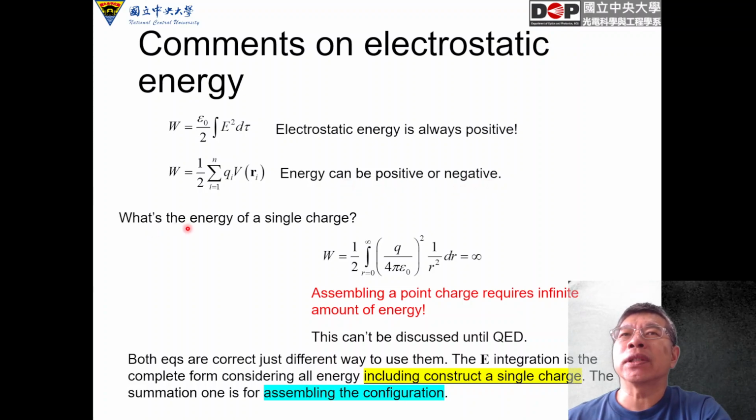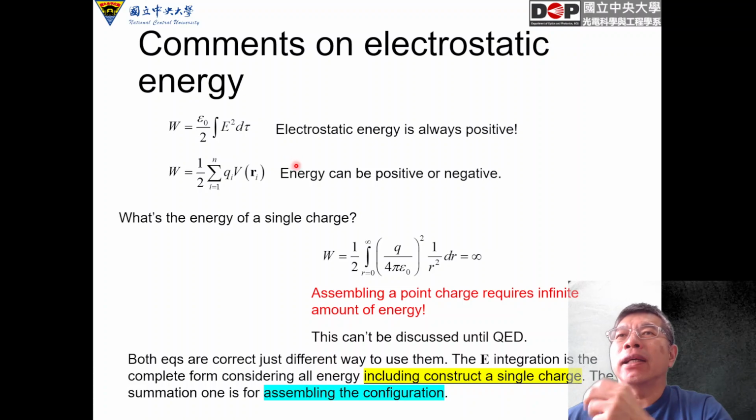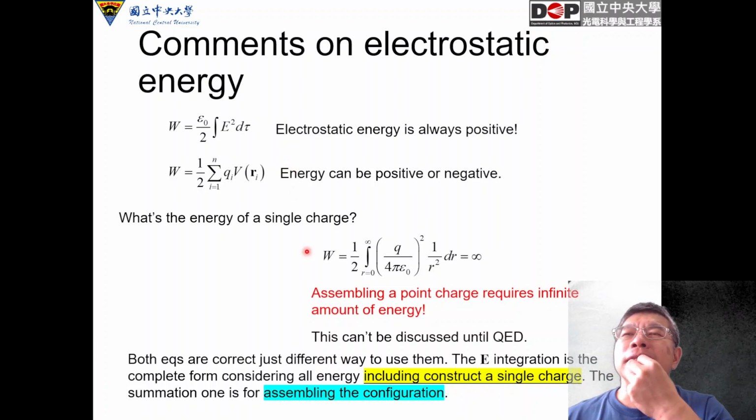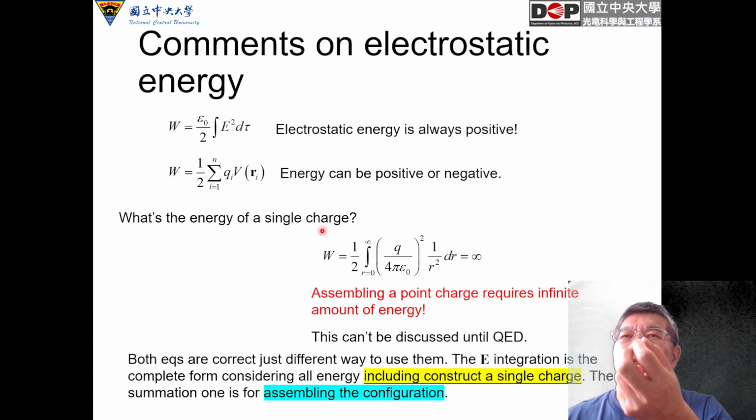So what's the energy of a single charge? That becomes a problem, because this result probably doesn't add up. How much energy does a single charge have? A single charge by itself has some problem, because an electric charge is a point.